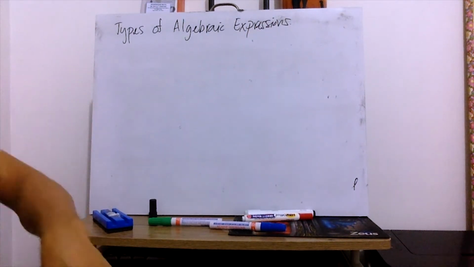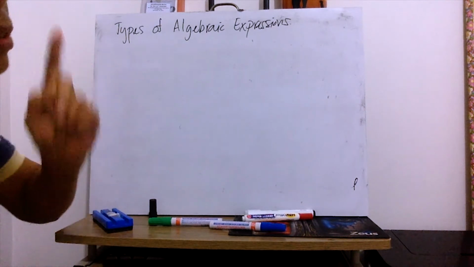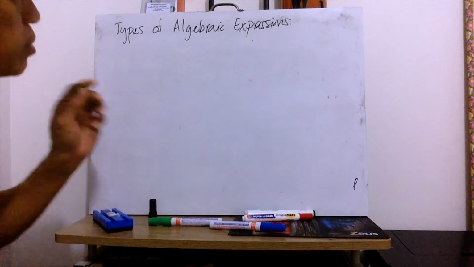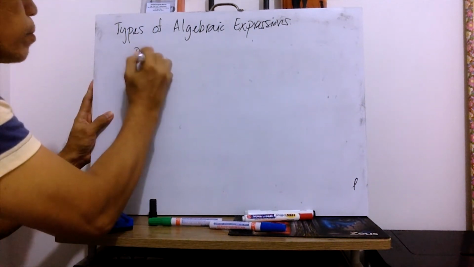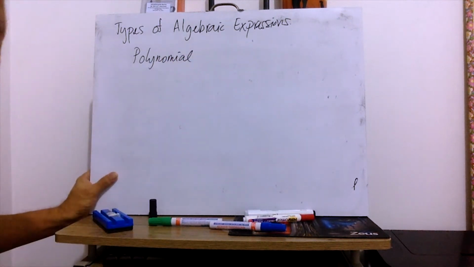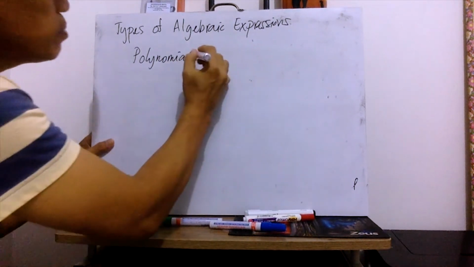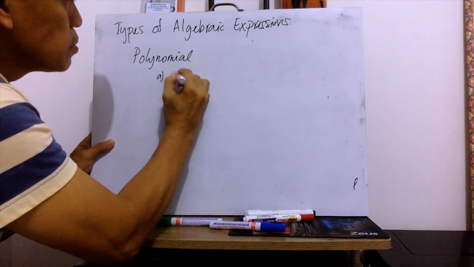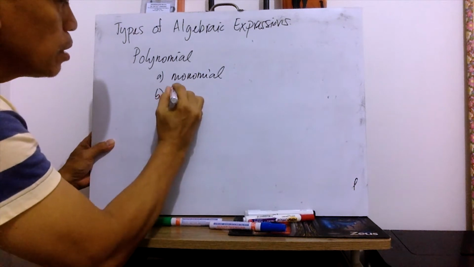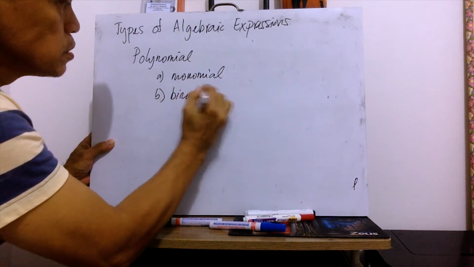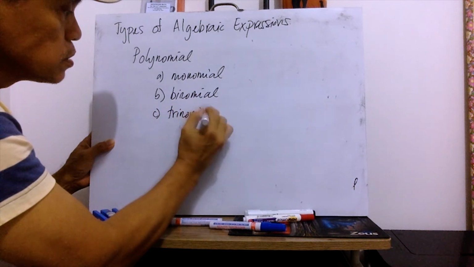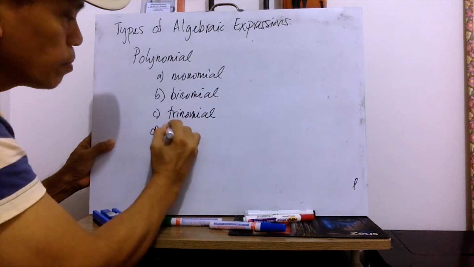Now, one word comes into our minds, and that is the word polynomial. A polynomial may be a monomial, can be a binomial, can be a trinomial, or can be a multinomial.